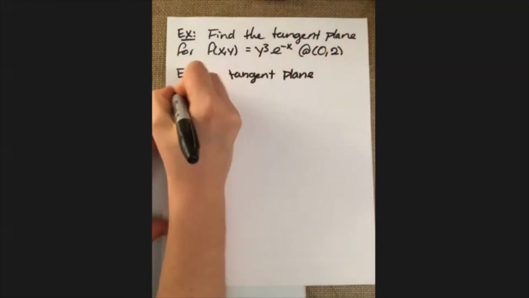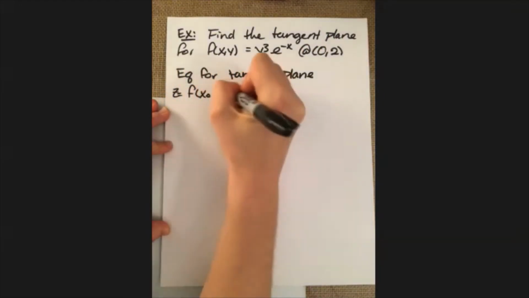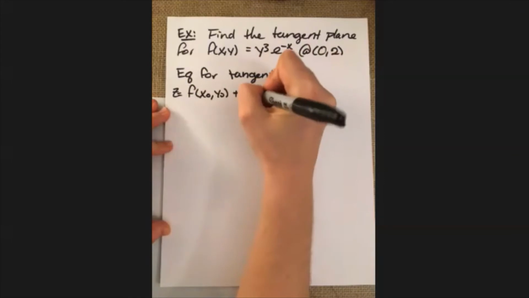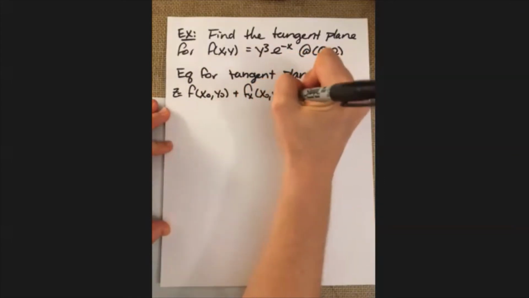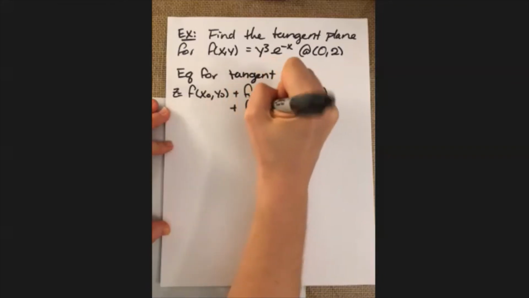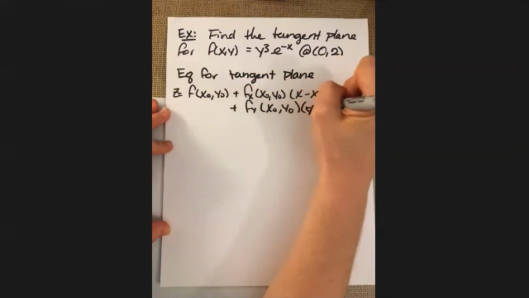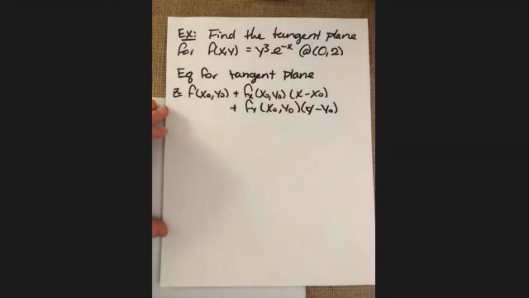And that is z equals f at x naught, y naught, plus f sub x at x naught, y naught, times x minus x naught, and then plus f sub y at x naught, y naught, times y minus y naught, just like so.